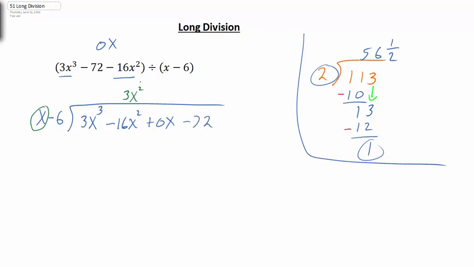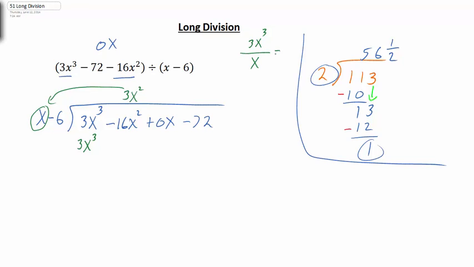So now we're going to take the 3x squared and multiply that by the x, and we're going to get 3x cubed. If you can't really see how we did this, what do we need to multiply the x by to get 3x cubed? If you can't see where the 3x squared comes from, then you can go to the side and say, well, we have a 3x cubed, and we want to divide this by the x that's out front.